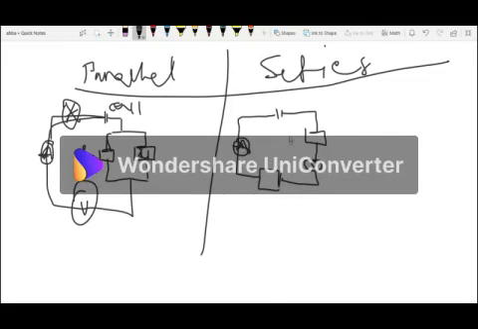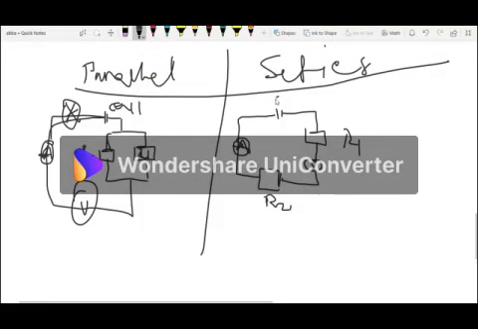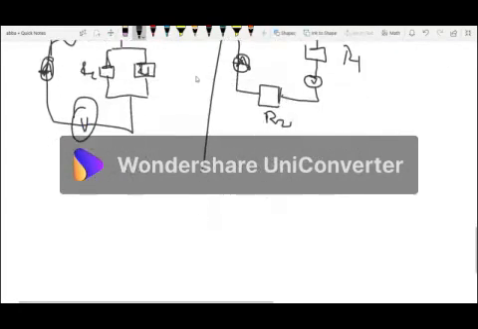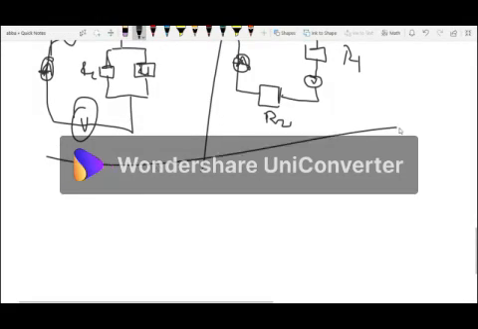Now we have resistor 1, we have resistor 2, and this is your battery. Now what are the properties of these two circuits? Let's start with the properties of parallel connection.